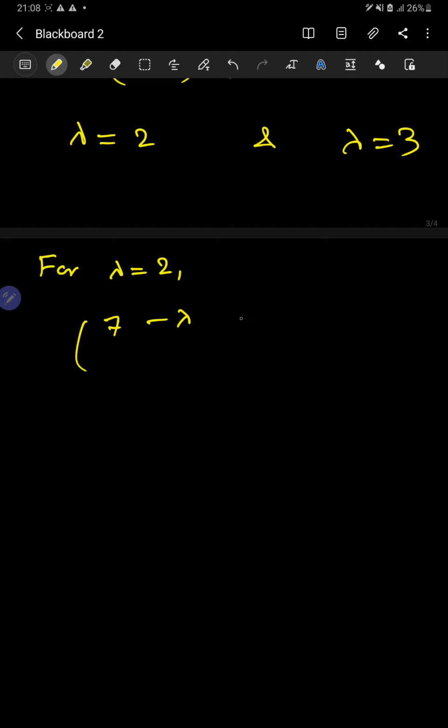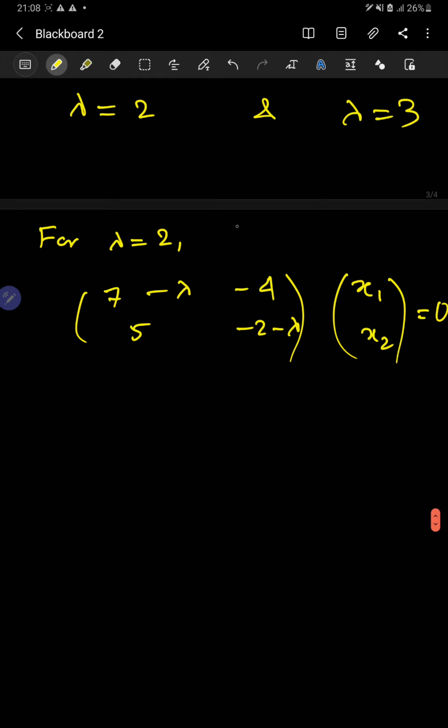So for lambda equals 2, we have the matrix 7 minus lambda, minus 4, 5, minus 2 minus lambda. Since we're dealing with 2 cross 2 matrices, let's write the vectors as x1, x2. This equation is basically (M minus lambda I) x equals 0.